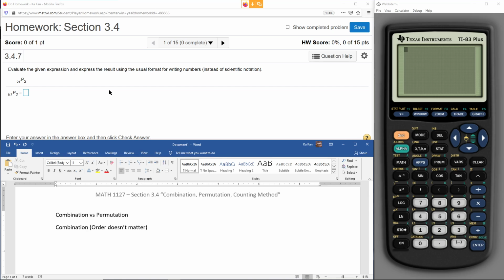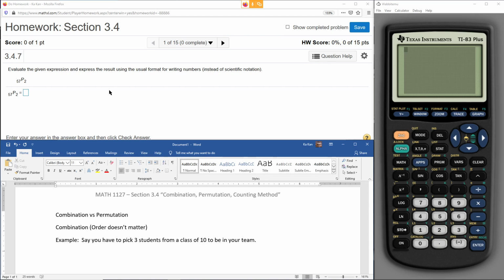So one example would be, say you have to pick three students from a class of 10 to be in your team.